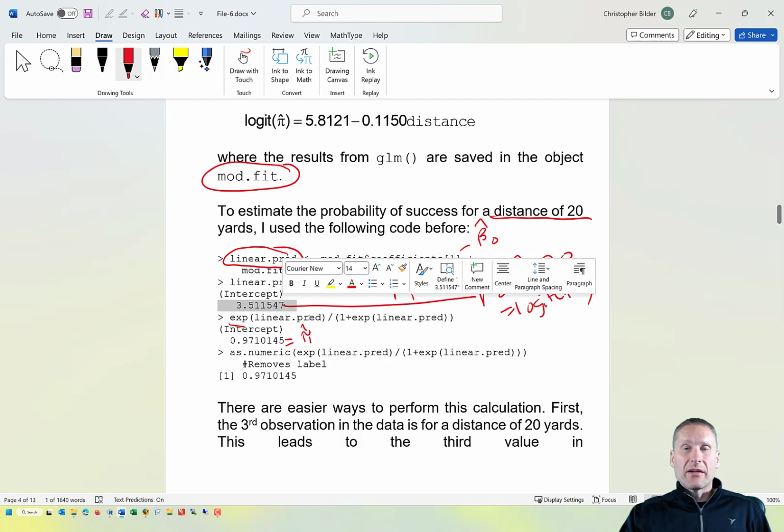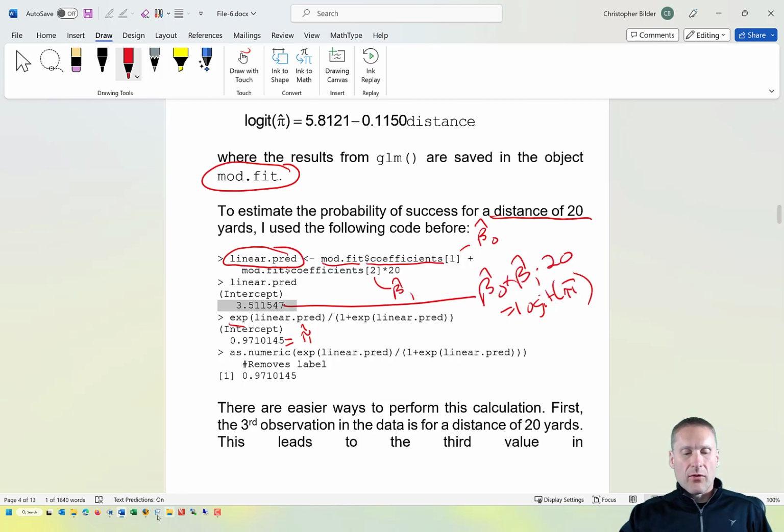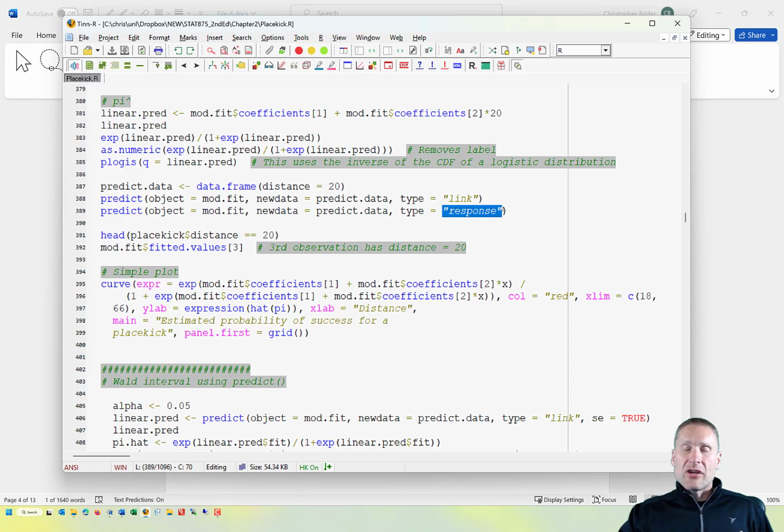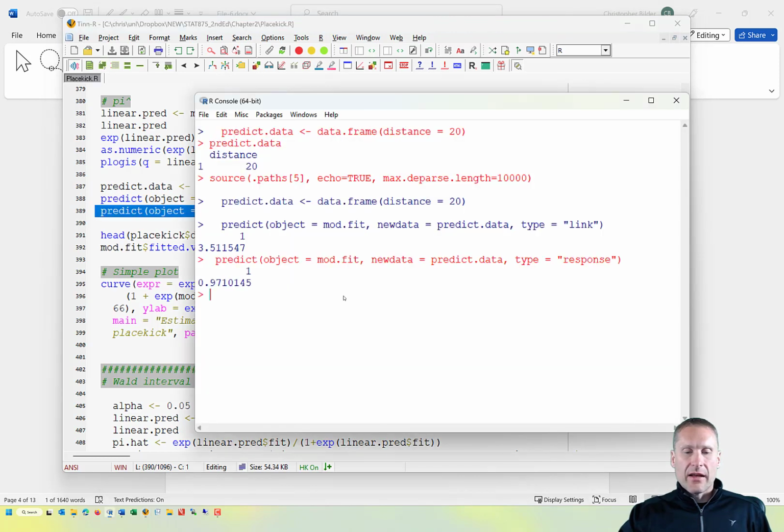So the link argument gives me essentially the estimate of the logit of pi, where logit is linking pi to the beta 0 plus beta 1 times x in my general model format. Now, to get the estimate for the probability of success, I can change the type argument from link to response. Our response is our good variable. It's a 1 or a 0. And by saying response there, this gives me the estimated probability that good is equal to 1, the estimated probability of success. And here's the 0.97 that we saw before as well.